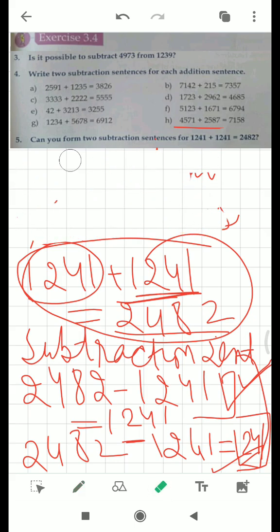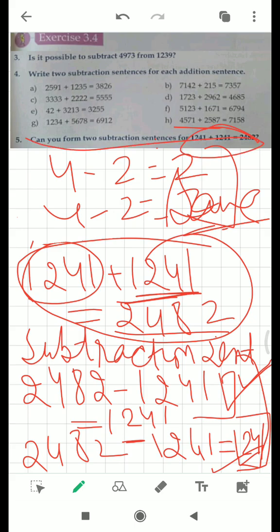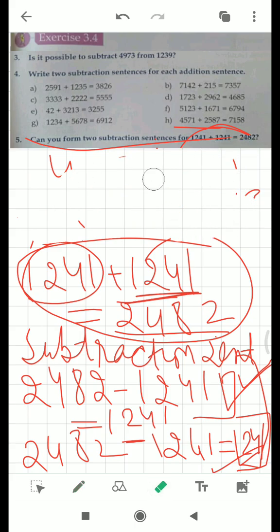जस्ट लाइक दिस, अगर मैं ऐसे लिख दूँ 4 minus 2 is 2 and 4 minus 2 is 2, both are same things, कोई डिफरेंस थोड़ी है। That means for this addition sentence, we cannot form two subtraction sentences. So that's what we're going to write here.